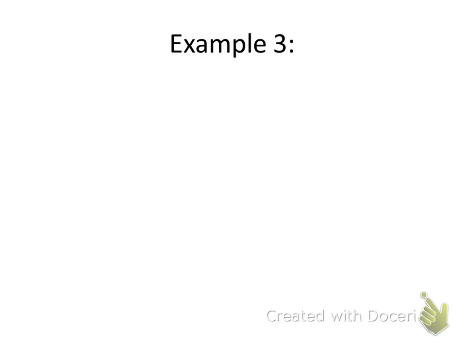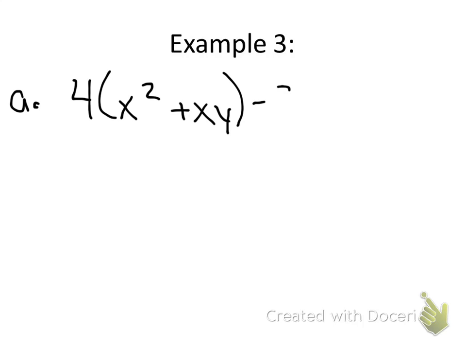All right, now for example 3, I have 4 times x squared plus xy minus 3 times x squared minus xy. All right, now the first thing I want to do is do distributive property.